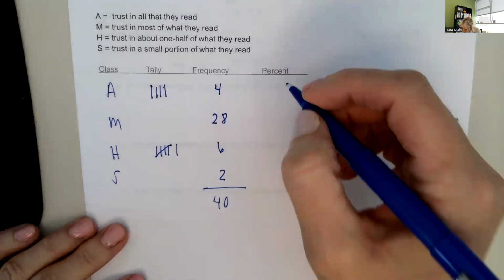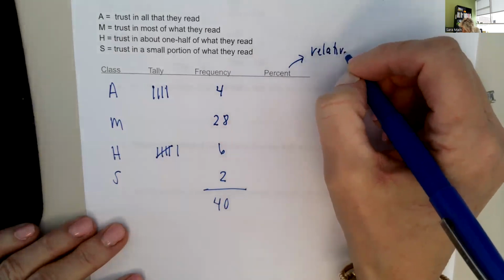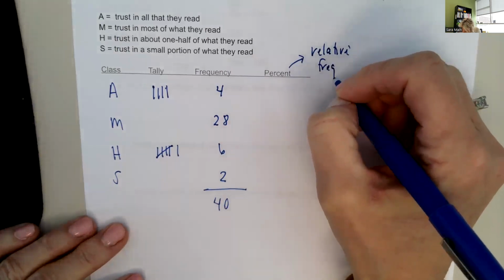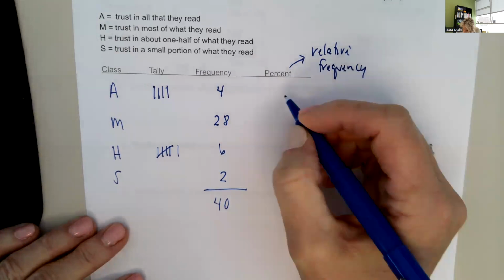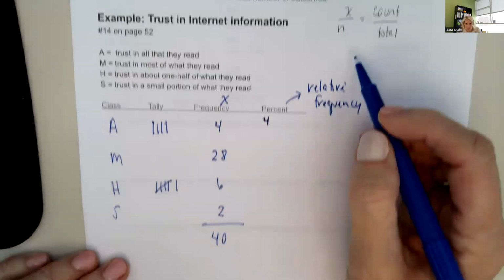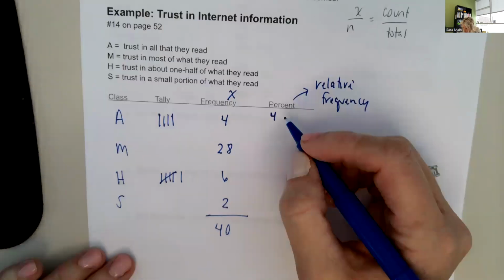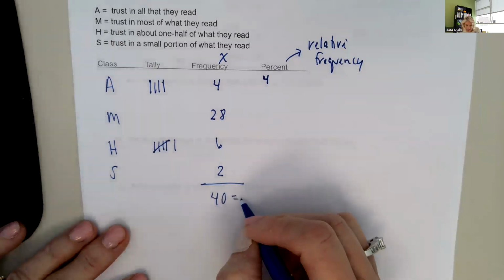And so the percent is also the relative frequency. And so that is taking 4, which is your X. So in my formula, my fraction up here, X over N. So X, and then N is our 40.